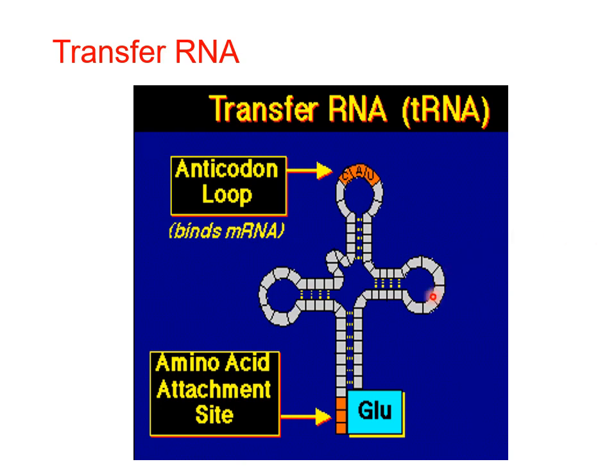It is a cloverleaf structure having four major arms: the amino acid attachment arm, the anticodon arm, which is complementary to the codon present in the mRNA, and two other important arms, the TΨC arm and the D arm. Each of these arms has important functions in the synthesis of proteins, as you will see as we proceed further. Here the amino acid is attached at the CCA end by forming an ester bond with the adenosine of the CCA.